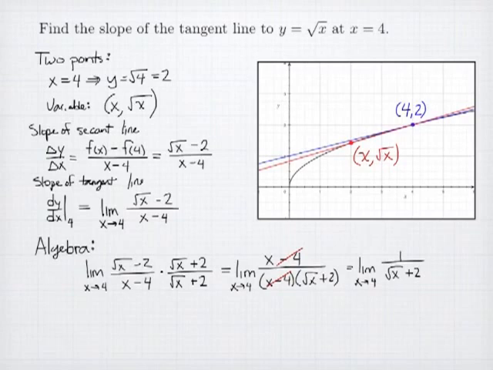I can plug 4 in. 1 over the square root of 4, that's 2, plus 2, I get a final answer. The slope of my tangent line, represented by a derivative, at the point 4 is equal to 1 over 2 plus 2, which is 1/4. That's the derivative.